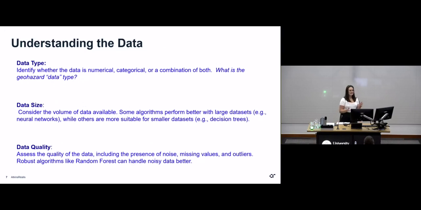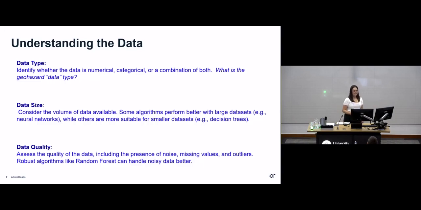As well as understanding the problem, you really need to understand your data. You need to identify the data type. In terms of geohazards, we've seen a lot of numerical data today, but a lot of geohazard data tends to be categorical. We've got some numerical data, but what's the geohazard type? Is it a landslide feature, a landslide event, point data? Is it something like shrink-swell, plasticity, something like that?